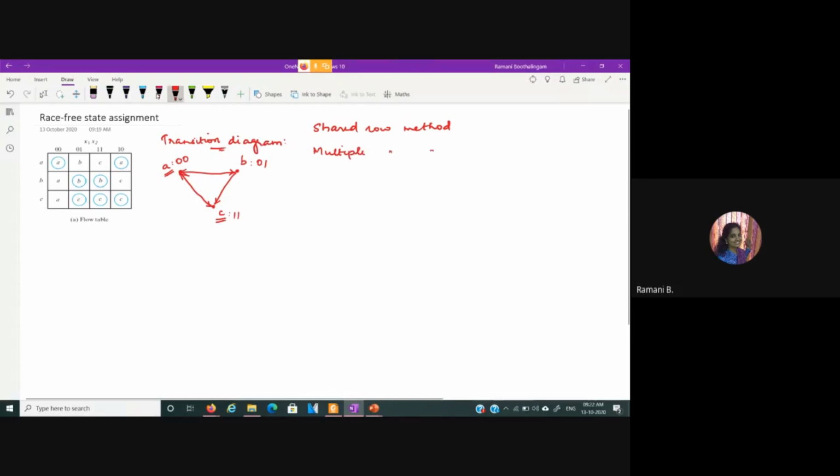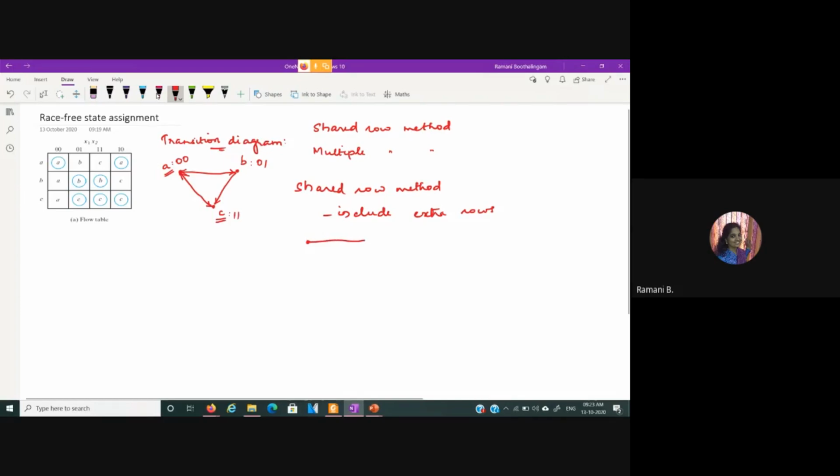In the shared row method, we include extra rows and divert wherever you are having two variable changes, going through that one to make it a single variable change. So let us see this.